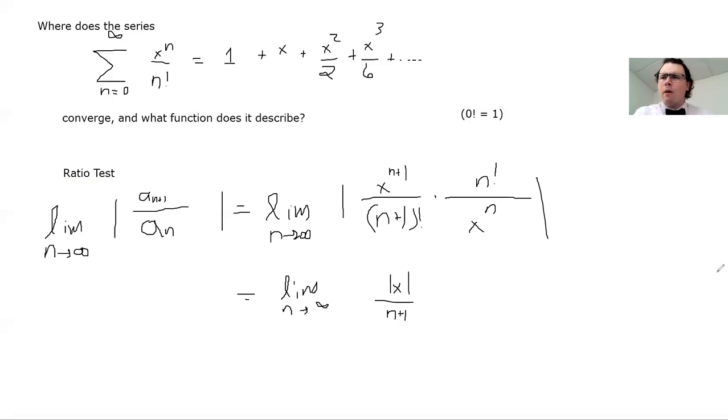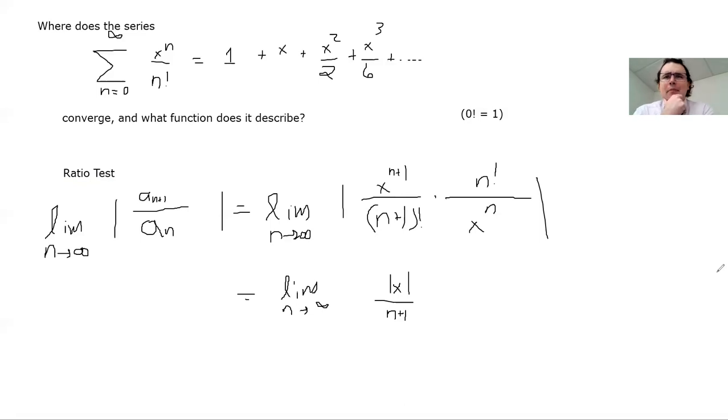And now, in the limit, as n goes to infinity, well, eventually n is going to be bigger than the absolute value of x. And then after it gets to that point, n is going to keep getting bigger.